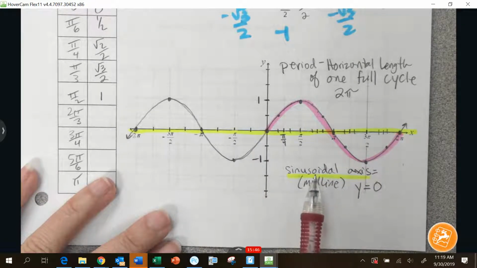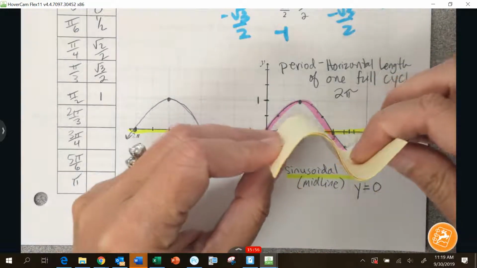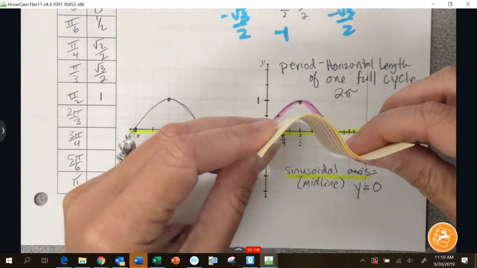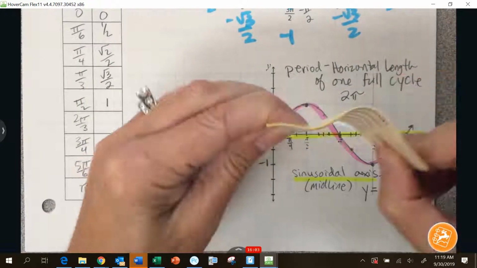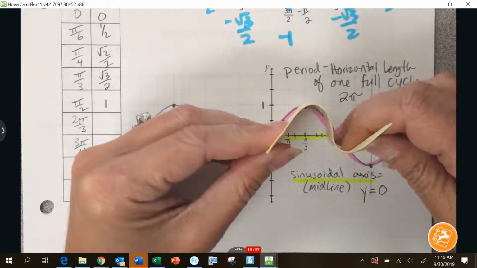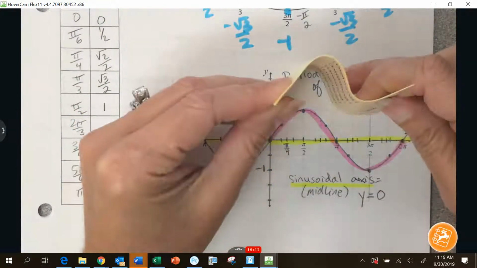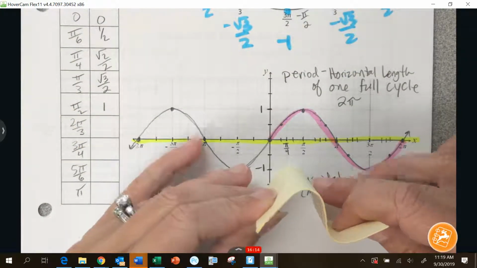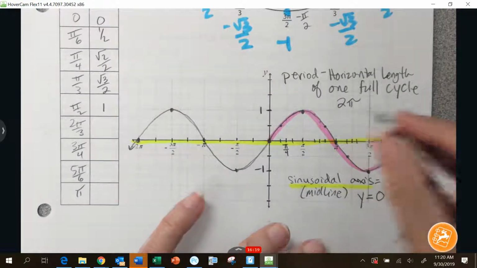What could change the sinusoidal axis? What could take this graph? Well, a reflection is still going to have the same midline. A translation where? Up or down. A translation up or translation down is the only thing that will change that midline. So that will be affected by, I should probably write what these are affected by.